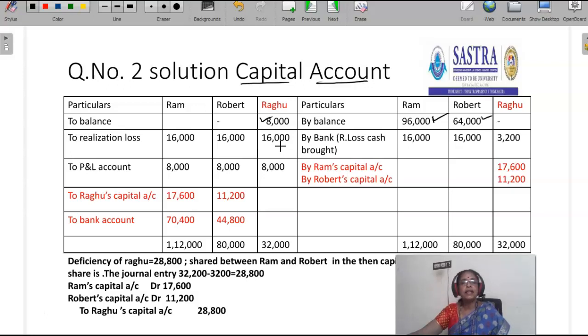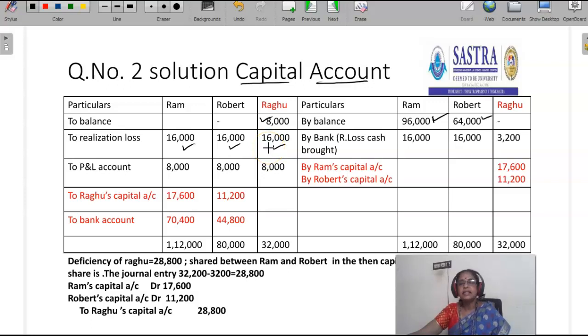The share of realization loss of each partner is 16,000, 16,000, 16,000. That should be debited to their capital accounts. Ram's capital account is debited 16,000, Robert's capital account is debited 16,000, Raghu's capital account is debited 16,000 rupees.